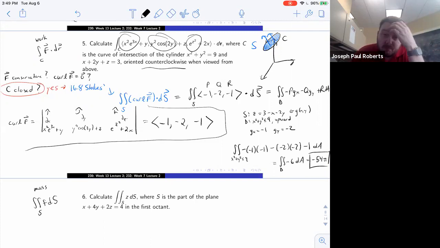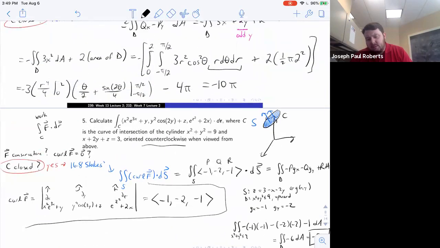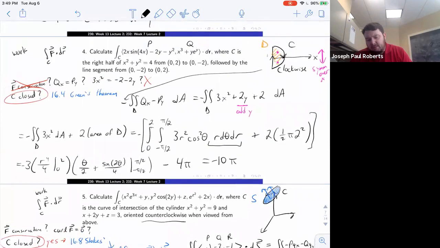Those partials don't appear in the formula for curl. So we like to throw things in that go away when you use the appropriate technique. Same thing on this previous example. When you do QX and PY, you get rid of a lot of the scary terms.